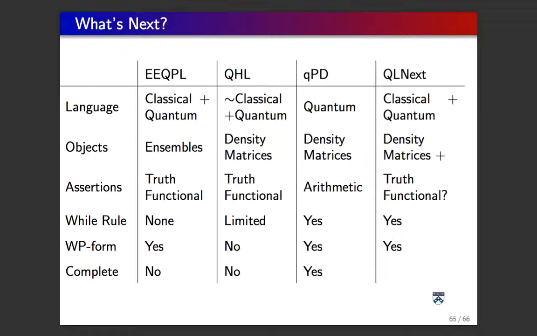So there's certainly an argument to be made that we want arithmetic throughout, but I could see a hybrid as well, where whenever we do a measurement, we will then do some sort of update to the truth functional side of things while updating the arithmetic side. I think that would be an interesting thing to think about.